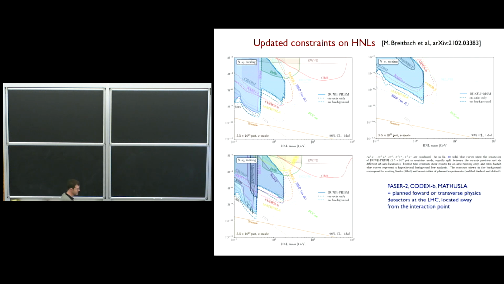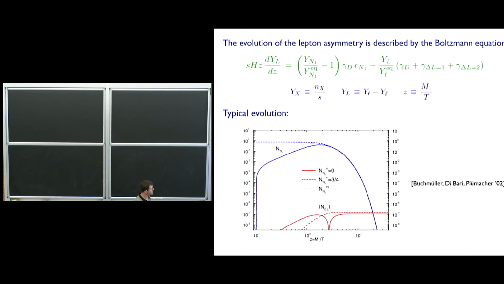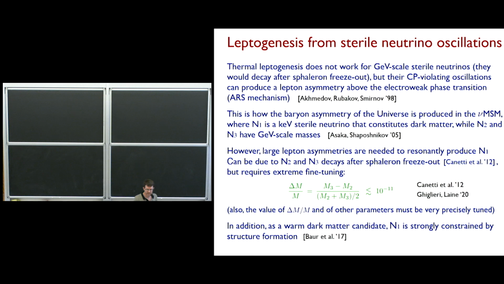The mechanisms behind leptogenesis in the two cases are completely different. Something I didn't say at all is that, first of all, in the low-scale ARS mechanism, the sterile neutrinos are never in equilibrium.